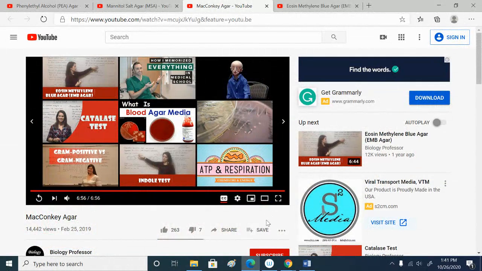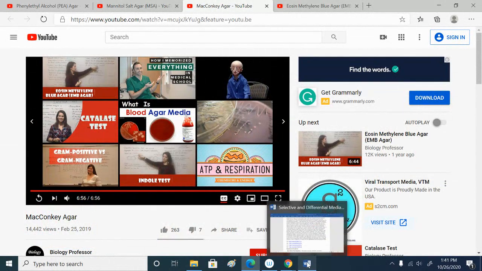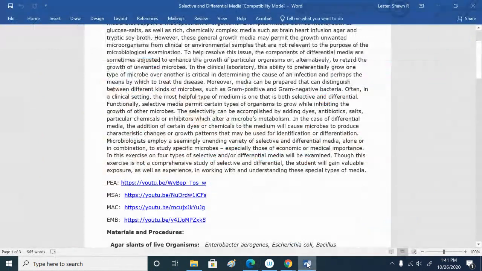Now, a couple of things about what she was saying. We don't use the sorbitol MacConkey, so don't worry at all about that. And all but one of her lactose-negative, gram-negative rods that she talked about are pathogens that we don't use. So the only one there that we use is Proteus.